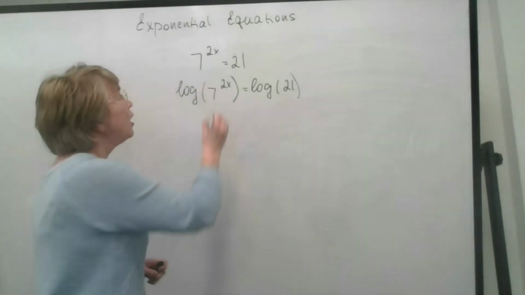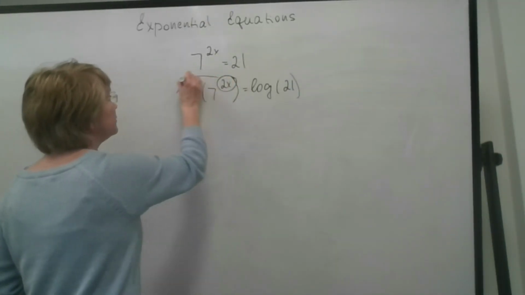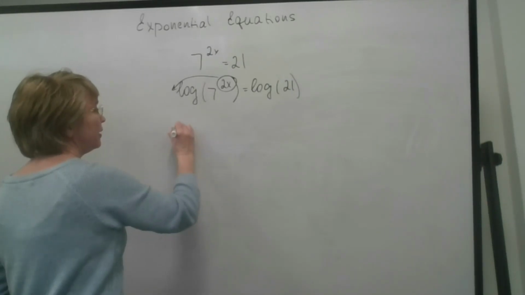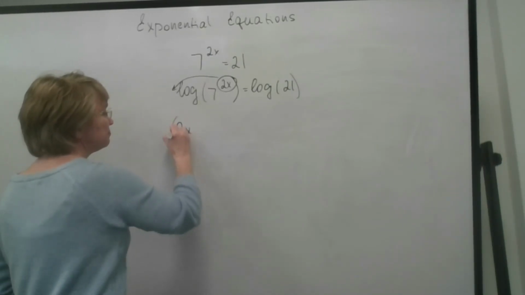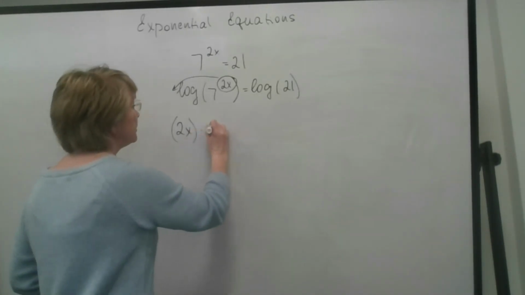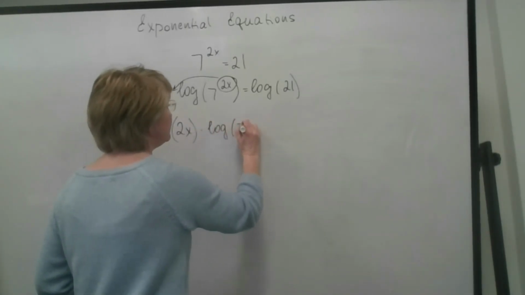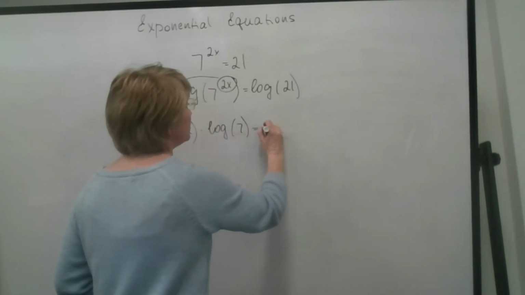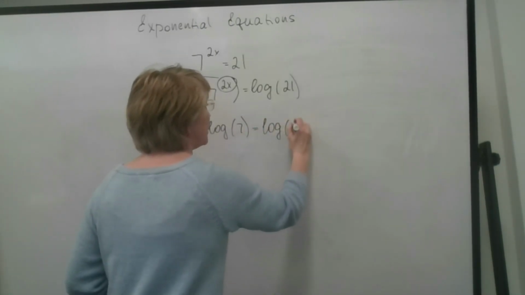Step 2, move the exponent in front of the logarithm. So it will be 2x, and it's a good idea to put it inside of parentheses, times logarithm of 7 equal to logarithm of 21.